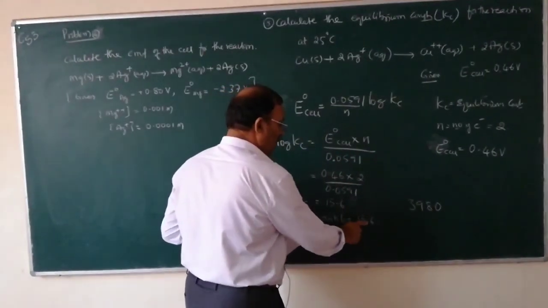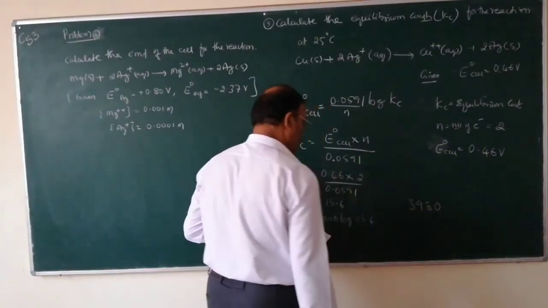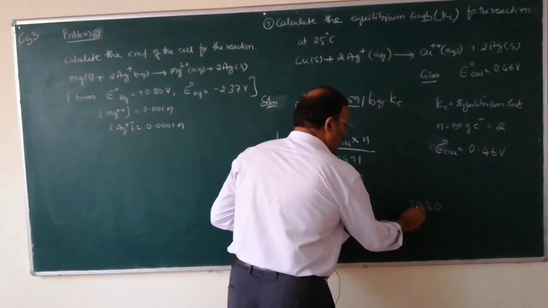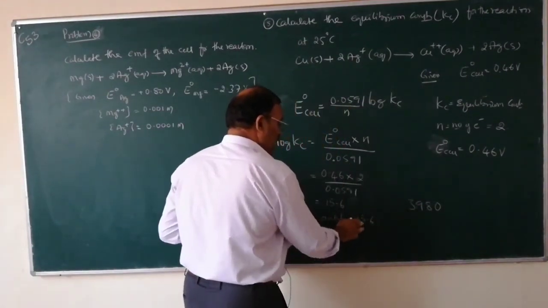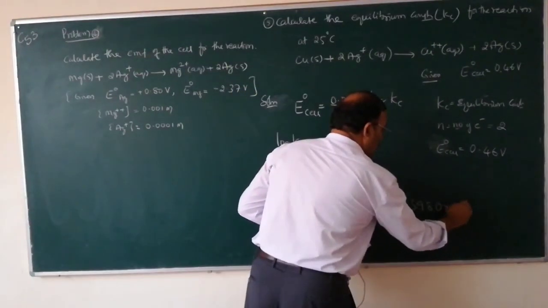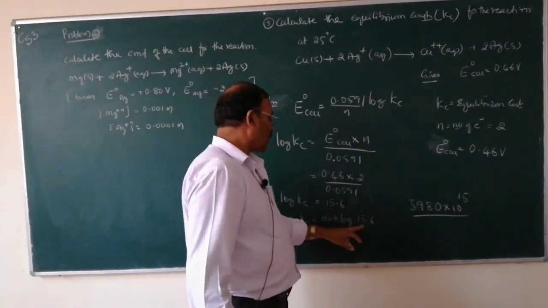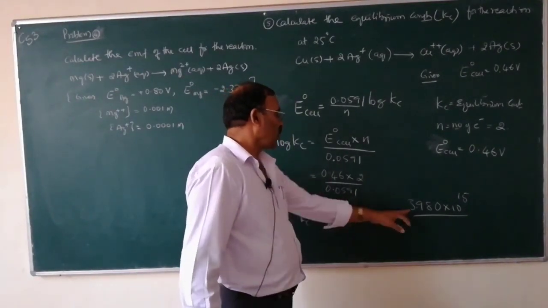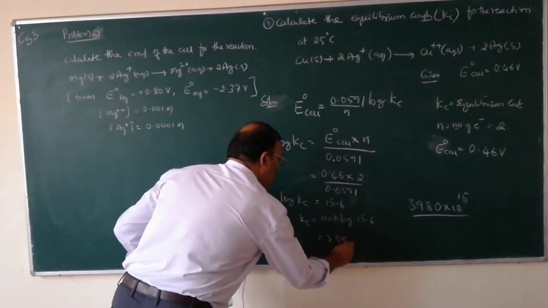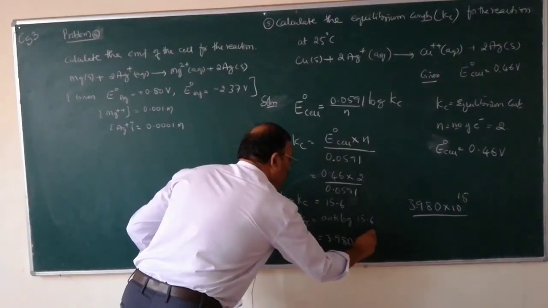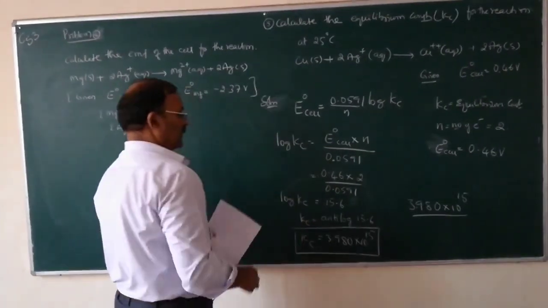So if you look anti-logarithm for 0.60, this is the value of 3980. Then put point after 1 digit and then write this characteristic into 10 to the power of 15. So the anti-log of 15.6 is equal to 3.980 into 10 to the power of 15. So this is equilibrium constant Kc.